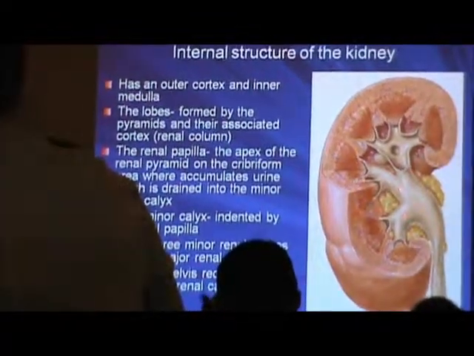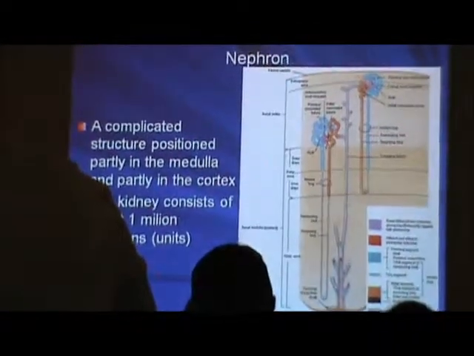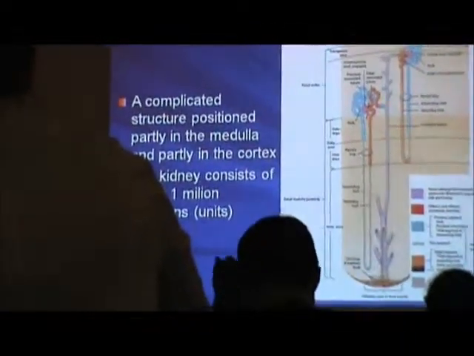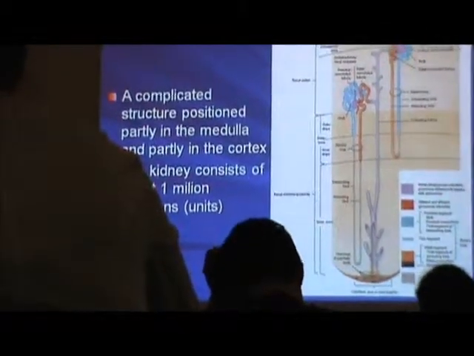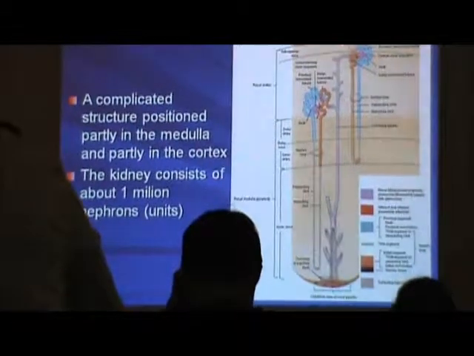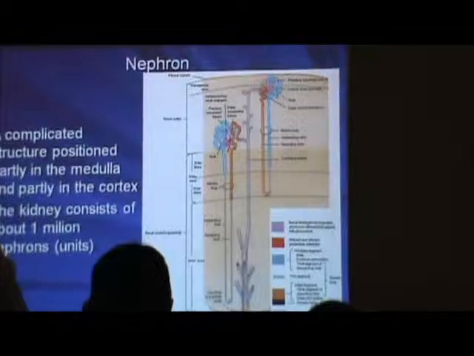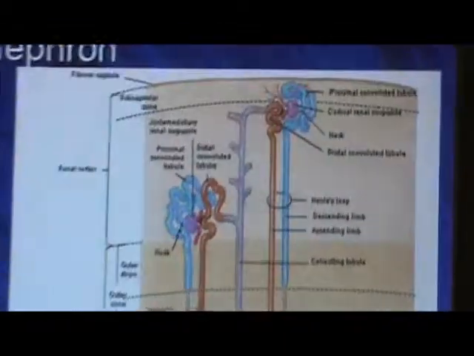So 1, 2, and 3 major renal calyx. The nephron is a complicated structure positioned partly in the medulla and partly in the cortex. The kidney consists of about 1 million nephrons, the units.